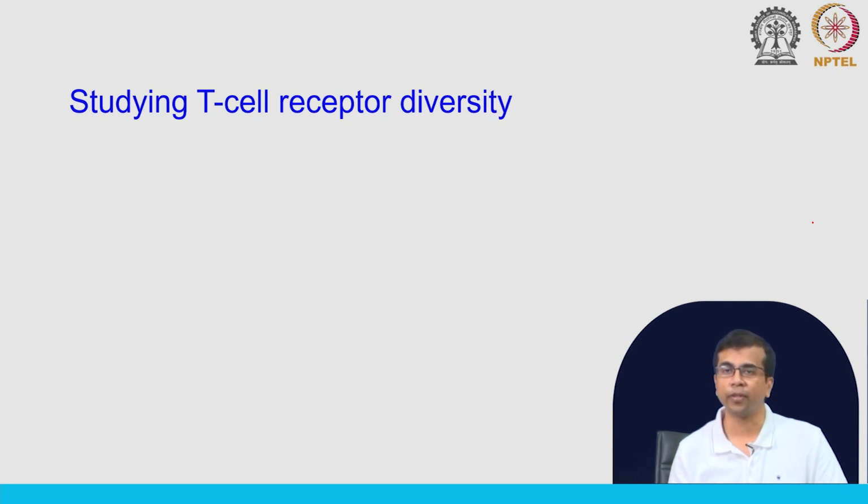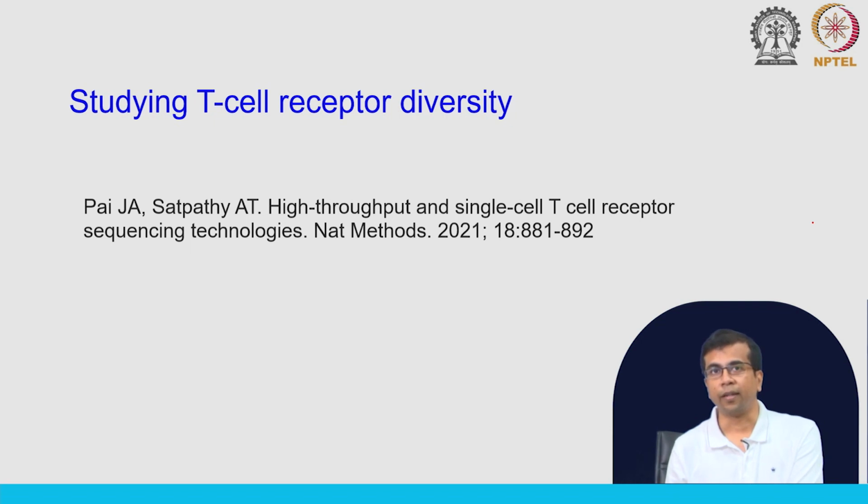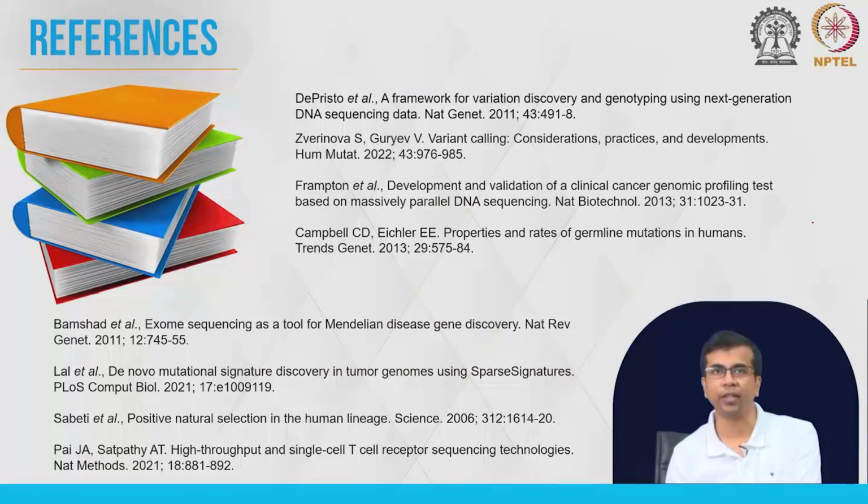So, with next generation sequencing combined with variant calling, you can study this T cell receptor diversity in great detail. Here is again a reference for you to read, which talks about T cell receptor sequencing technologies and trying to quantify this diversity.